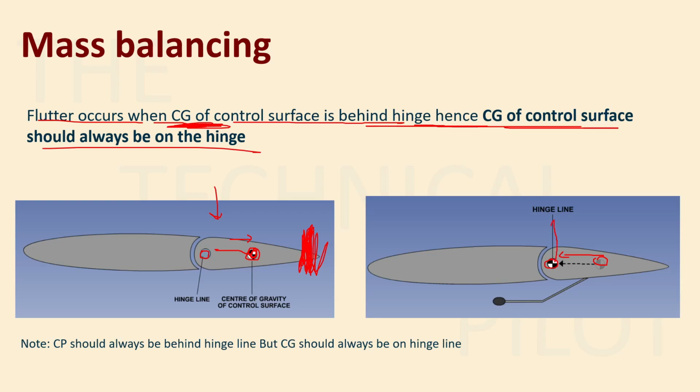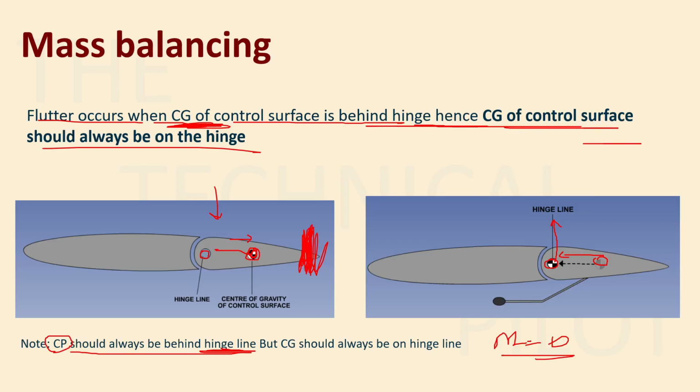Now this is a perfectly safe condition to fly. So the CG of the control surface should be on the hinge line and not behind the hinge line, or else there will be flutter. And don't confuse it with CP. CP was different. CP should always be behind the hinge line. If CP is on the hinge line, then the moment becomes zero, and you have to apply zero forces.